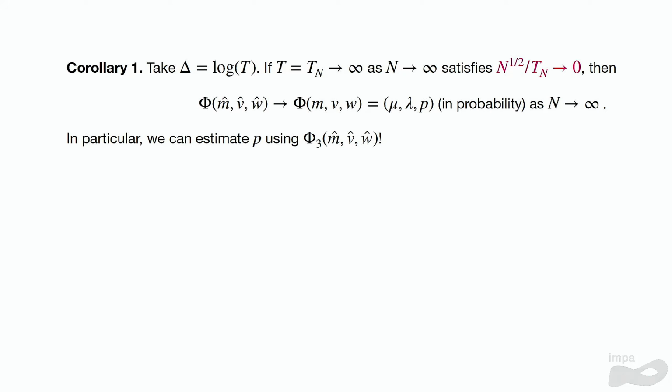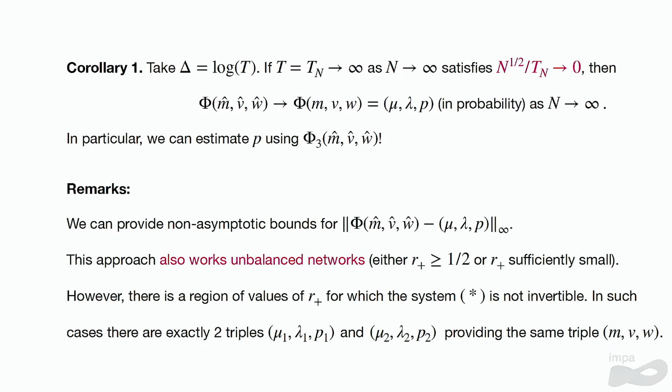We know that this function is sufficiently regular that the convergence of m hat, v hat, and w hat will imply the convergence of phi to m, v, and w, and this in turn will give me mu, lambda, and p, okay? In particular, the third coordinate of this function phi gives me p, okay? So that's more or less the idea.